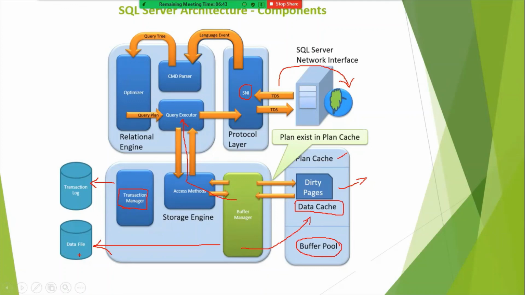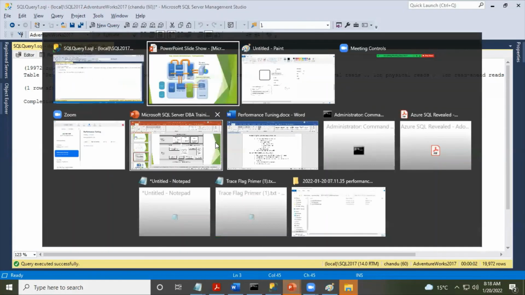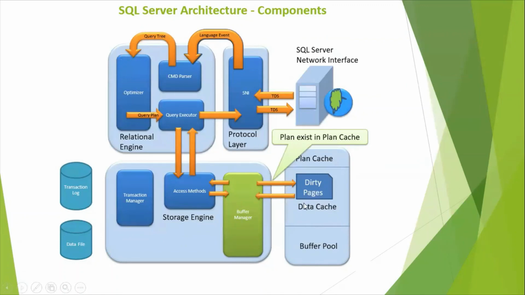For example, you read pages from disk into the buffer pool, and once it is read, if you do any update, that update modifies the data in this page. We call it a dirty buffer or dirty page. So this is the storage engine, this is the relational engine, and this is the protocol layer. Any questions?